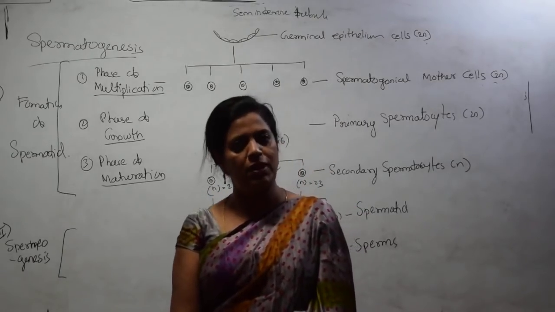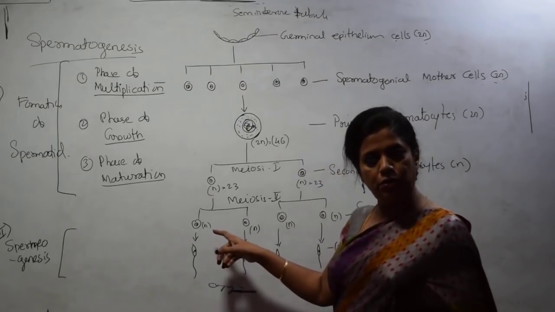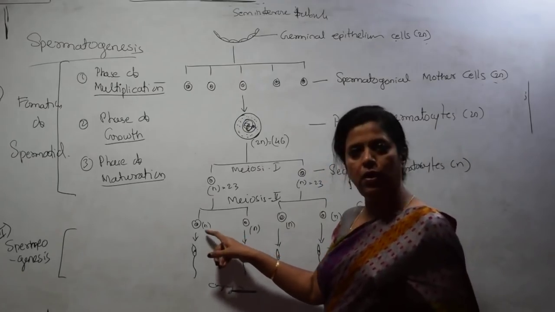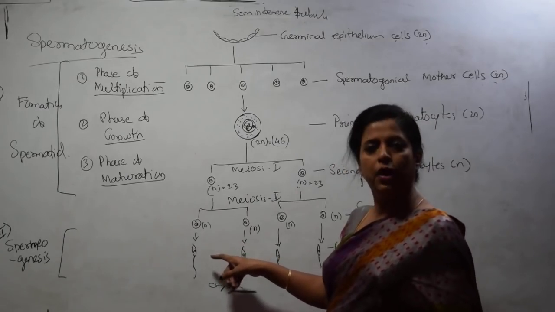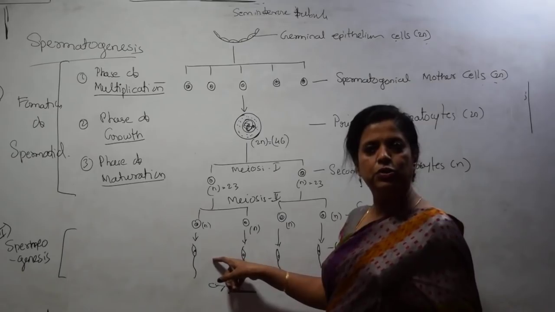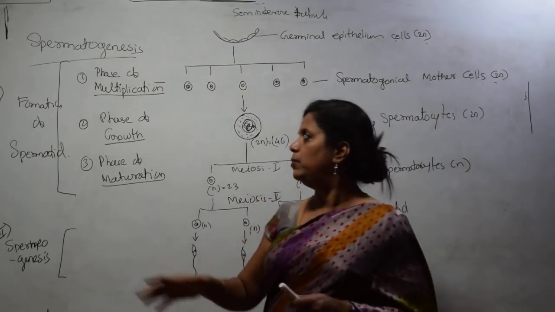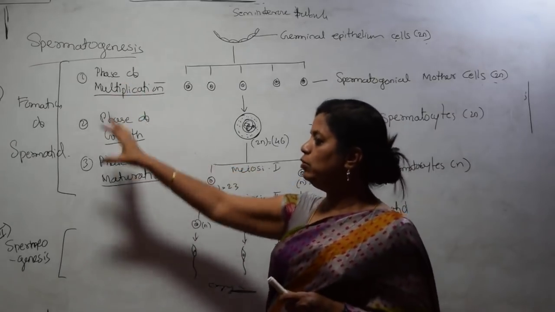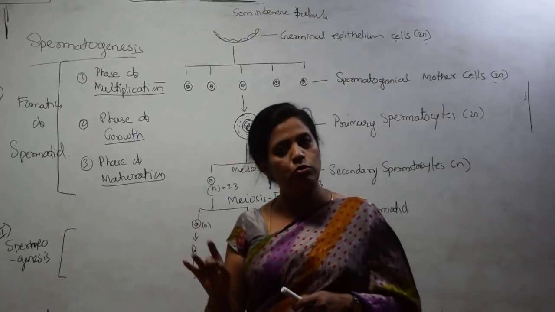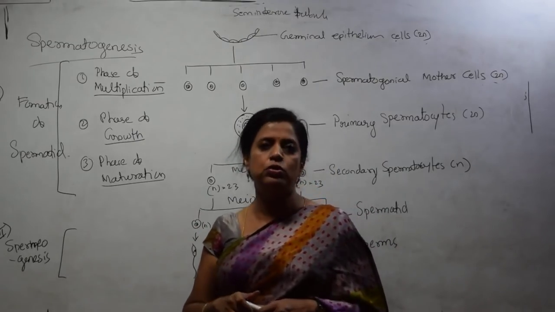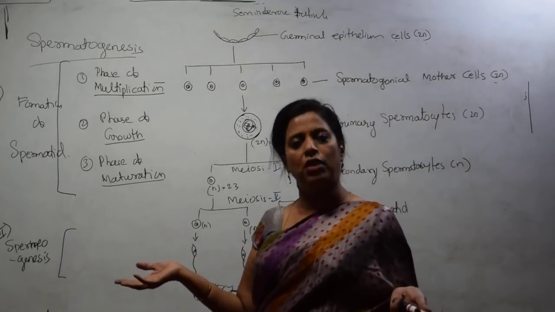Define spermiogenesis. It is the process of metamorphosis or conversion of circular haploid spermatids into elongated, tadpole-shaped motile structures called sperms. Remember this separately, because this whole process has 2 sub-stages. One is the formation of spermatid, the second is spermiogenesis, or spermateliosis, which is the same thing.